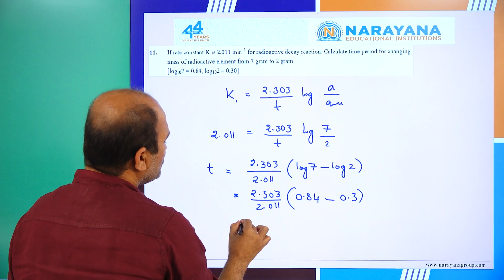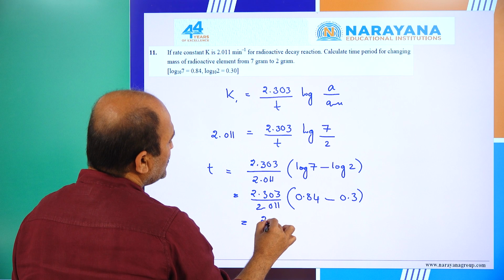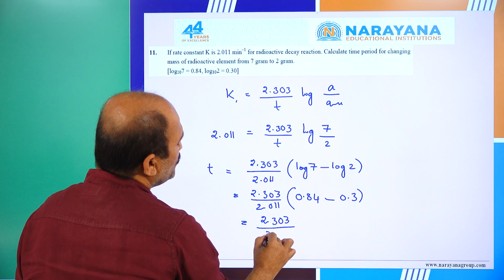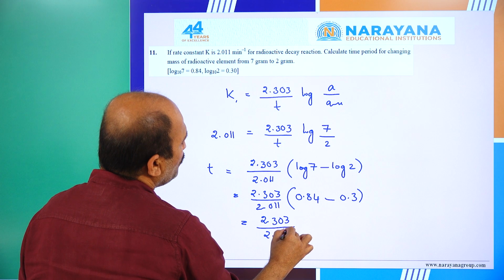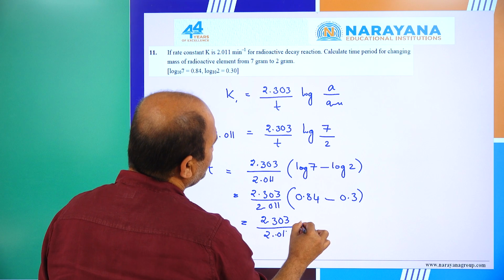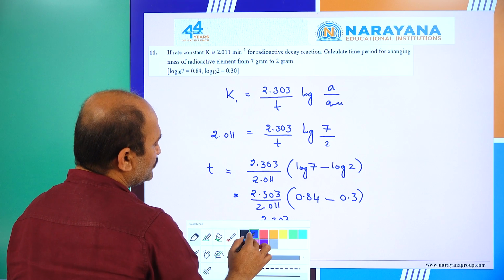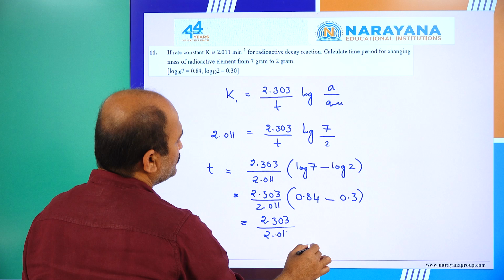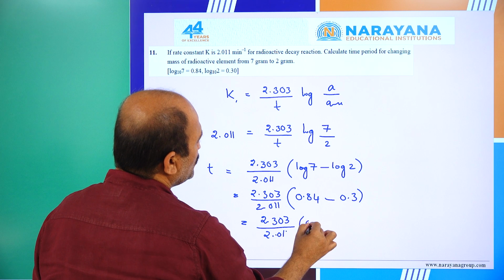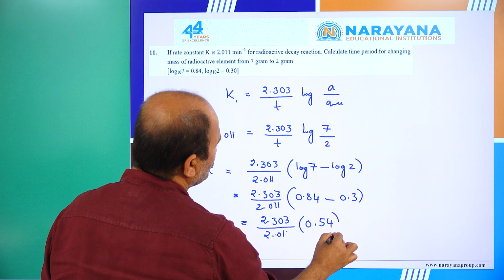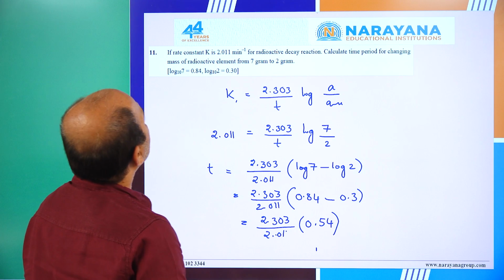On simplification, 2.303 by 2.011 into 0.54, right?